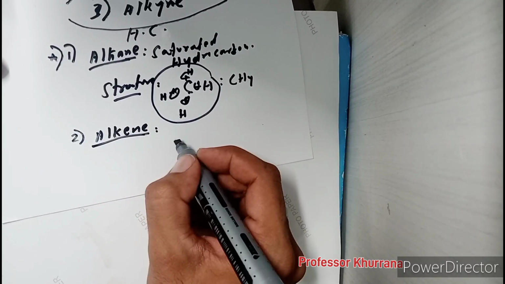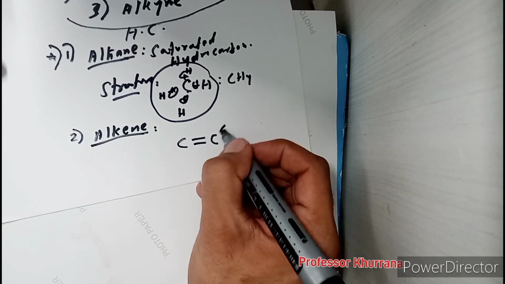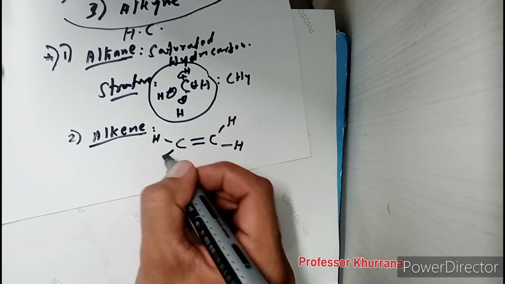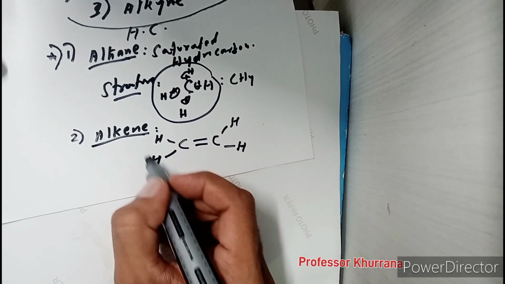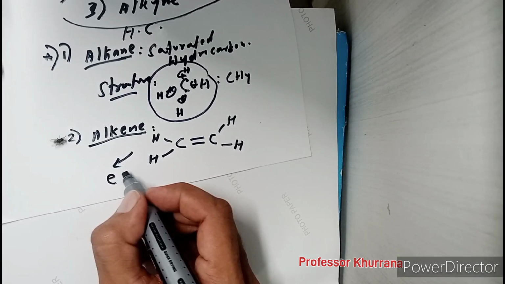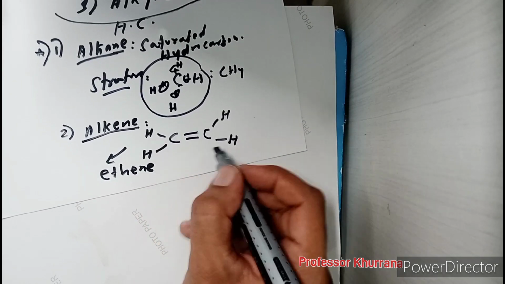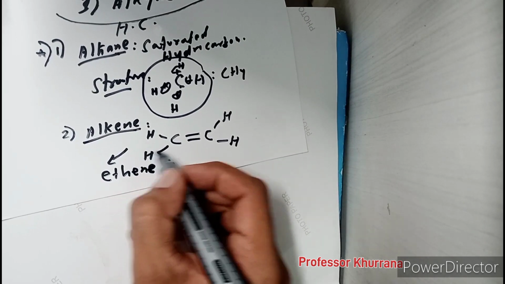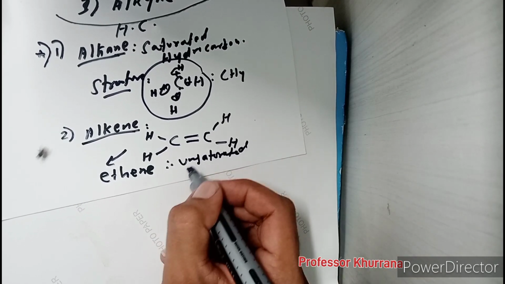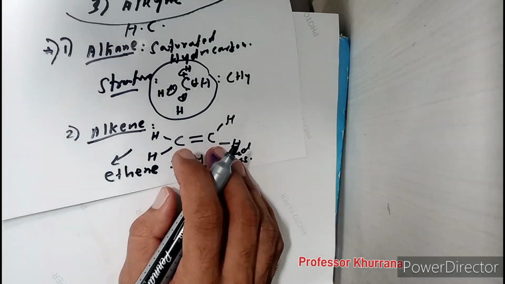Let's discuss the alkene structure. Carbon has a double bond to carbon, and two hydrogens are attached here with single bonds and two hydrogens are attached here. It is the chemical structure of ethene. Note that alkenes are unsaturated hydrocarbons.